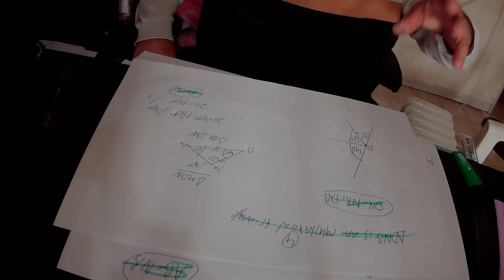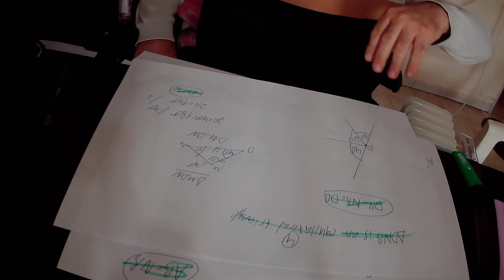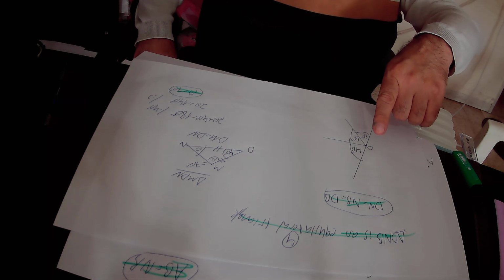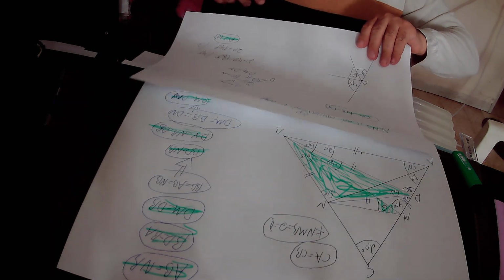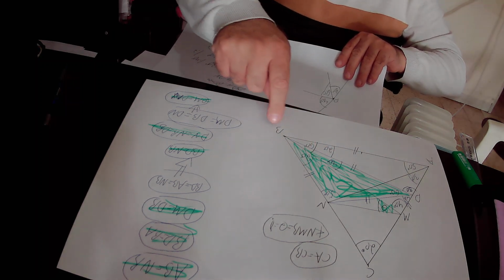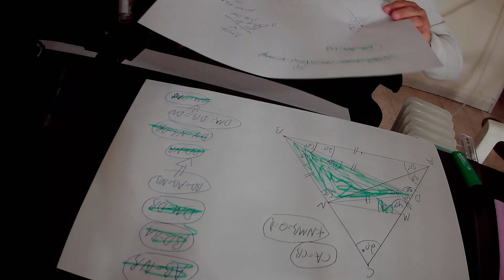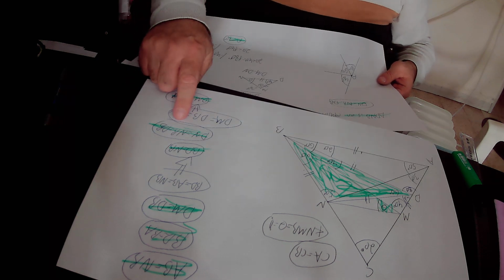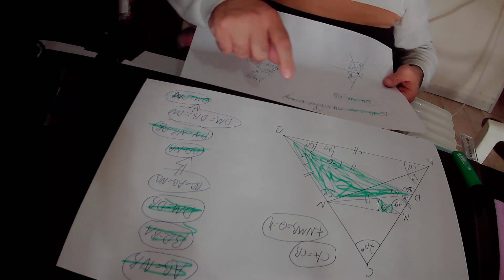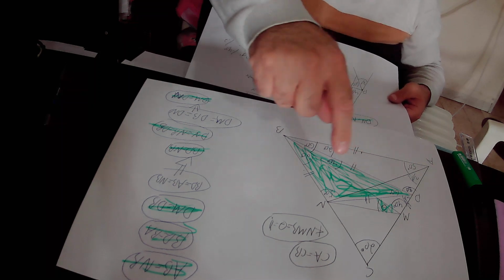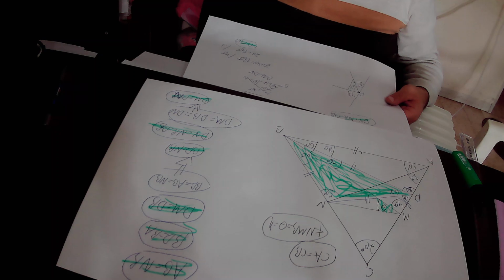Therefore, in the equilateral triangle DNB, side DN equals side NB equals side DB. You can write here also that DN equals NB equals DB.